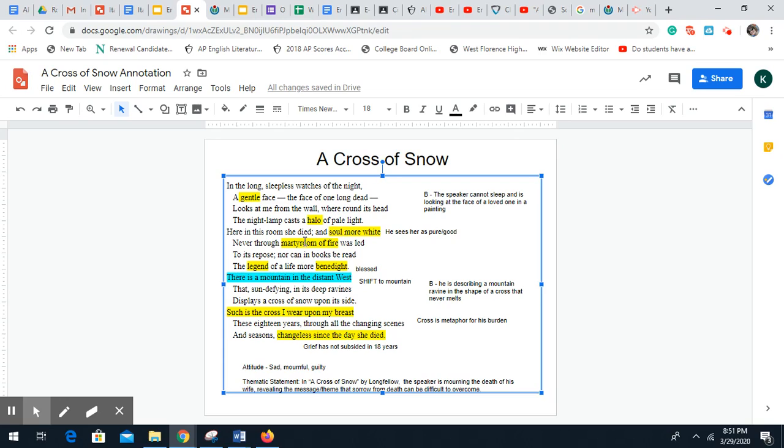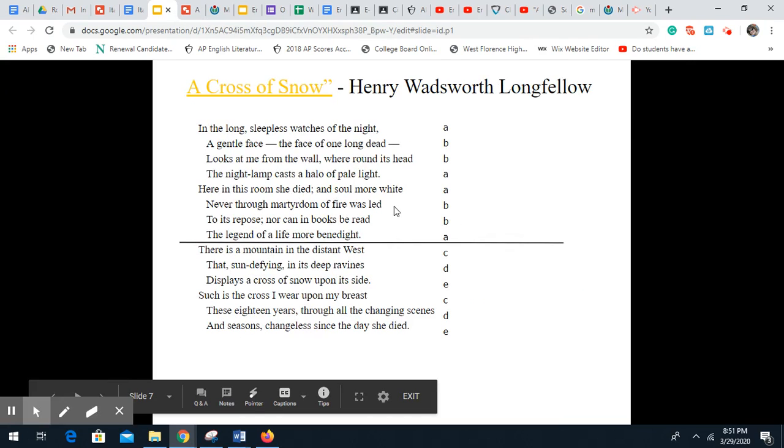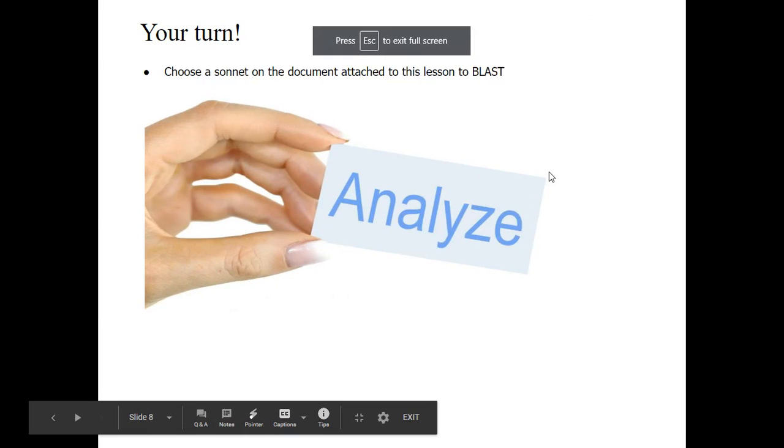We've got the whole poem and we've blasted it and we broke it down and we saw a lot of different things that helped us come to this conclusion that sorrow from death can be very difficult to overcome. Okay, go back to my presentation. And so now it's going to be your turn.